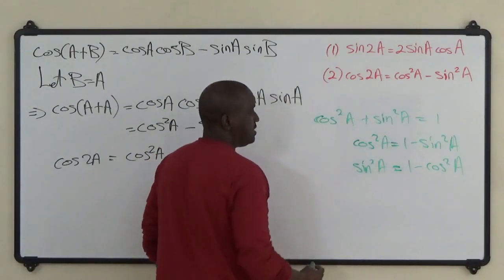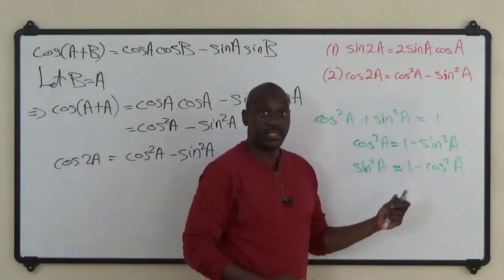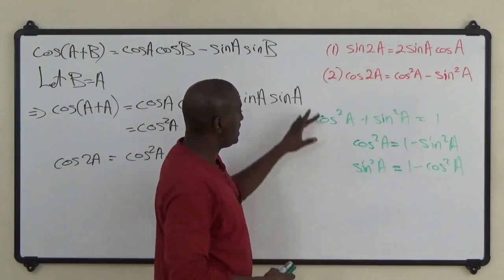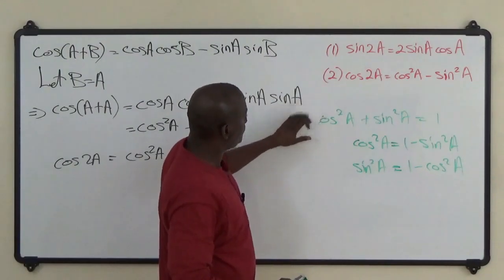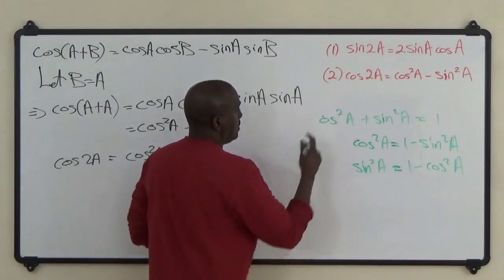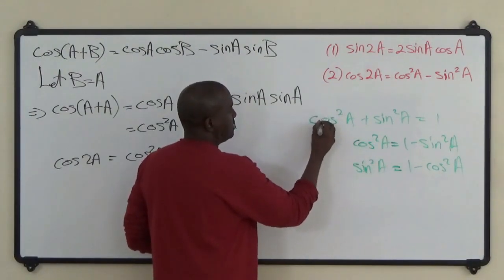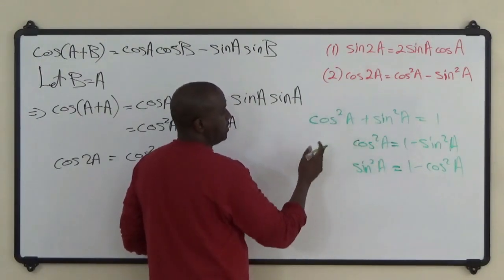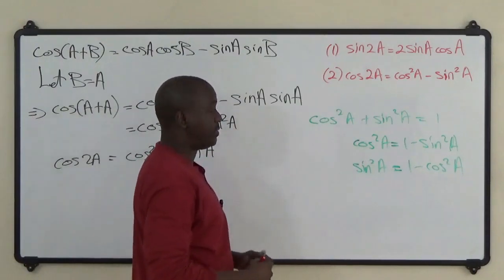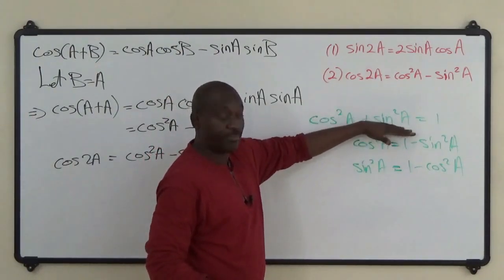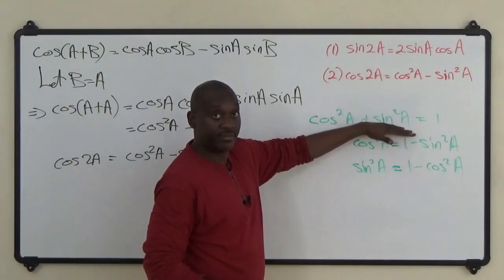You wouldn't see this on any formula sheet, but it is expected that you should be able to call upon these two as derivatives of cos squared a plus sine squared a is equal to 1. So in other words, we would have derived cos squared a plus sine squared a. You need to be able to derive this.